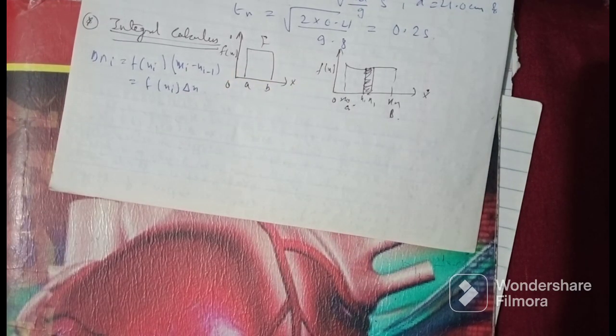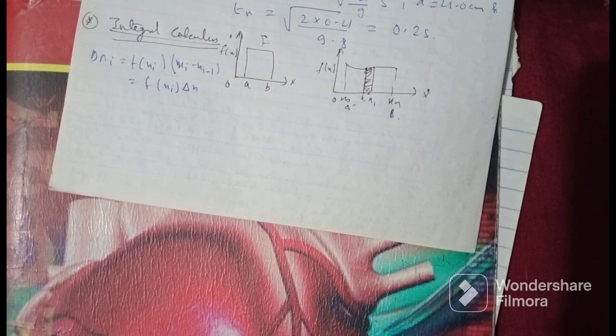Here delta x is the width of the strip, which we have taken to be the same for all the strips. You may wonder whether we should use f of xi, or f of xi minus 1, or the mean of the two. If we take n to be very large, that is n tends to infinity, it does not really matter, since the strips will be so thin that the difference between f(xi) and f(xi minus 1) is vanishingly small.